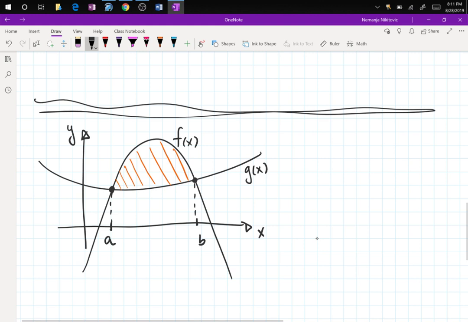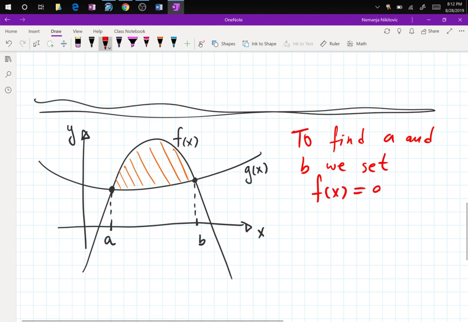So here, I'll write this in blood. To find A and B, we set f of x equal to g of x. So this is the first thing you have to do if the functions intersect, right?